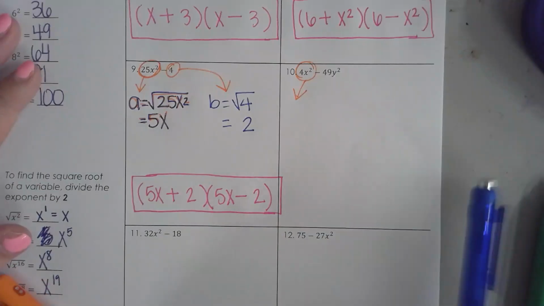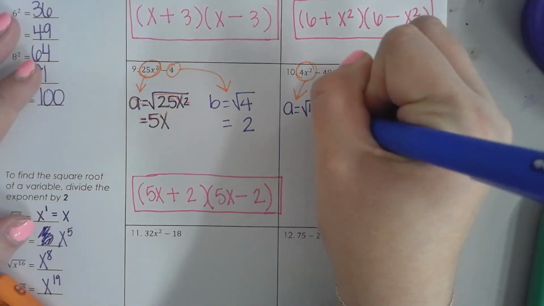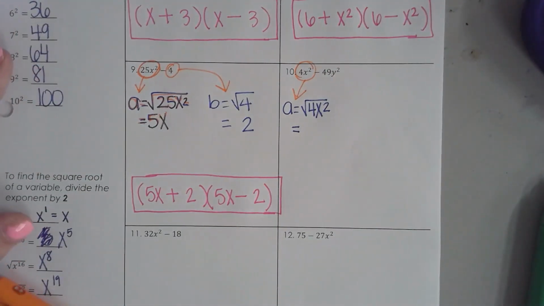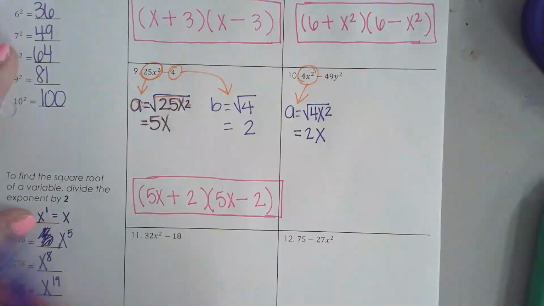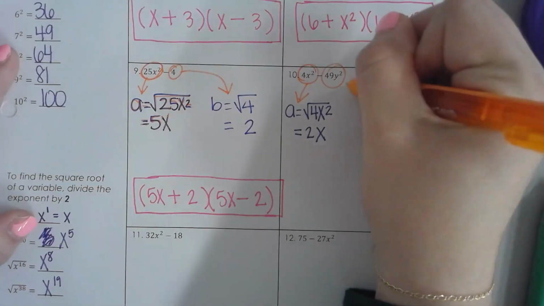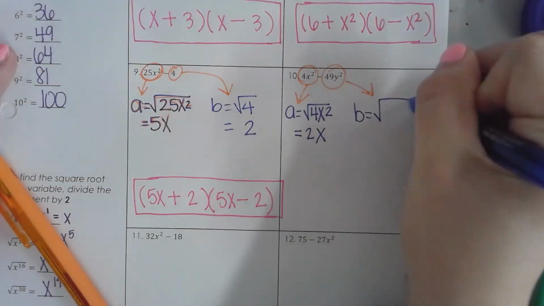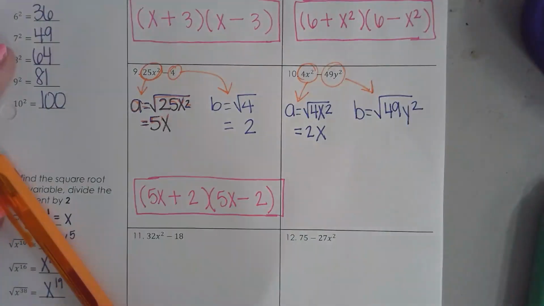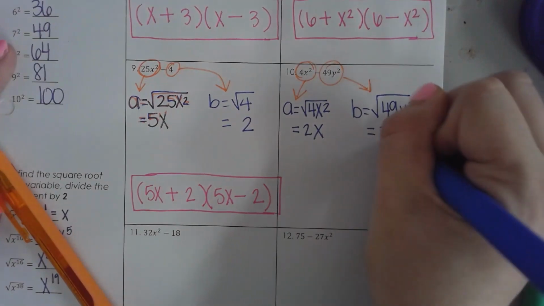So my A is the square root of 4x squared, which is what? 2x. B is the square root of 49y squared, which is 7y.